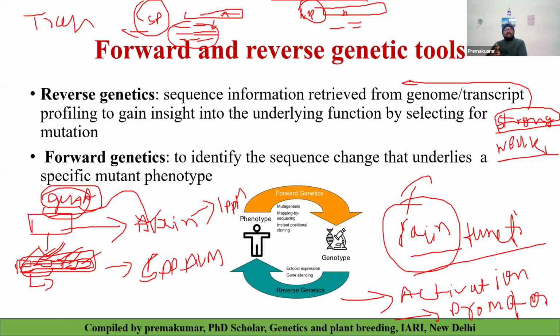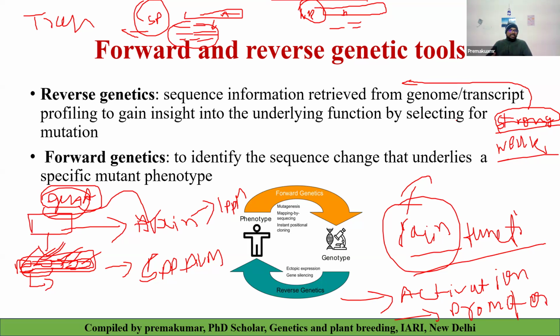That is called activation tagging, where you modify the promoter so that the gene will express in a higher quantity. That is activation tagging, promoter modification, or increasing the gene copy number. There are any number of ways we can increase the function of a particular trait. That is called gain of function mutations.